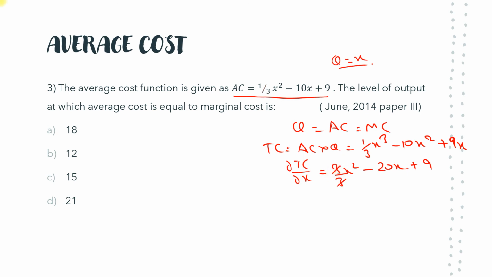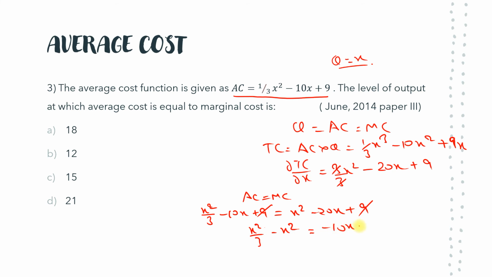Now we put average cost equal to marginal cost. So we have the average cost function here, and we have the marginal cost function. Okay, now we'll solve it further.